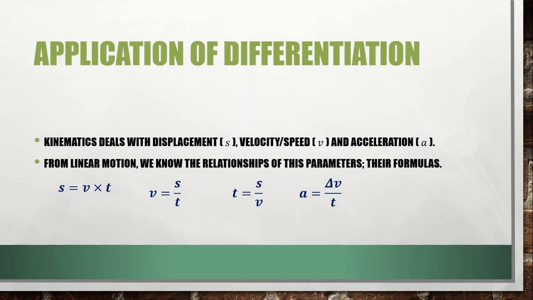So let me just take you back. Notice the aspect of time is common in each and every one of these parameters, and heavily so. Let me start from a bit further back.